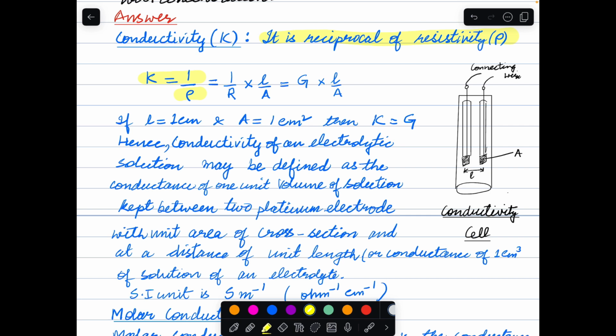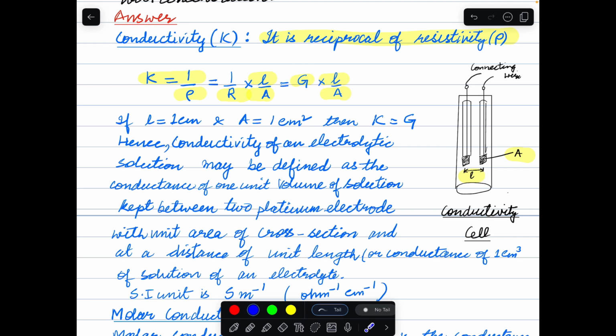Resistivity can be related to the resistance and the dimensions of the cell, as mentioned here by this formula. Therefore your conductivity is equal to G into L over A, where L and A we have already defined, and G is nothing but the inverse of resistance, which we call conductance.